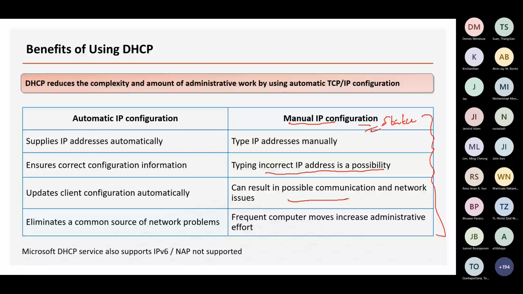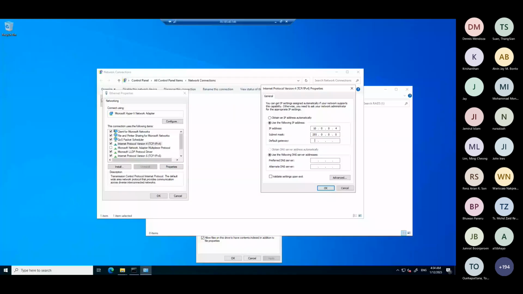If you go to a computer, for example a server, you will see a network interface card properties screen. If you click on the first option, you will see an option called obtain IP address automatically.